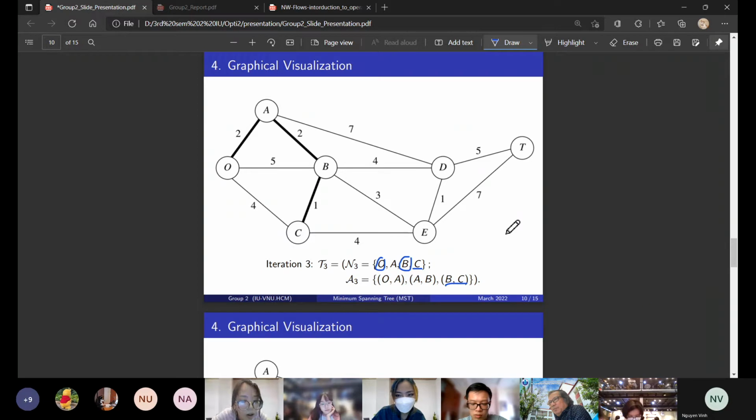We can see that there still exist unconnected nodes, so the algorithm continues here. Similarly, we move on to iteration 4. All possible arcs now are AD, BD, BE, and CE, where BE has the minimum length.